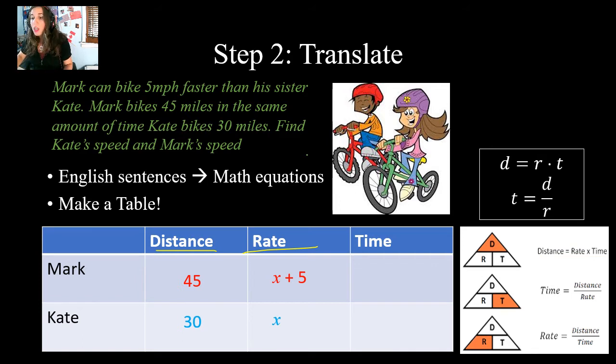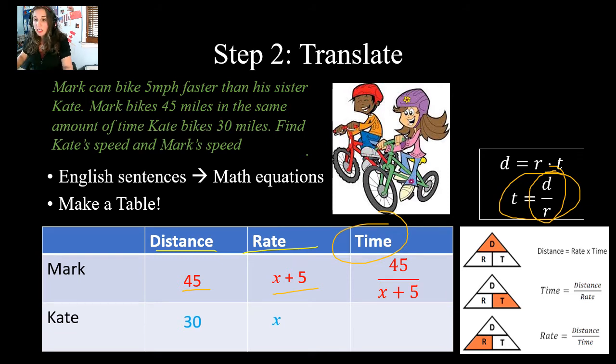So like I said, we need time. We've used that formula to get something that we can actually use to find time. So if time is equal to distance divided by rate, well, we know distance, we know rate. For Mark, his distance is 45 miles, and his rate is X plus 5. We just plug it right into that formula to get Mark's time.